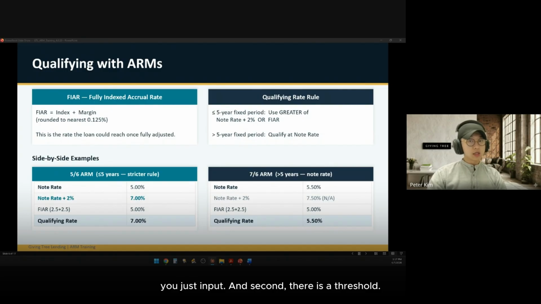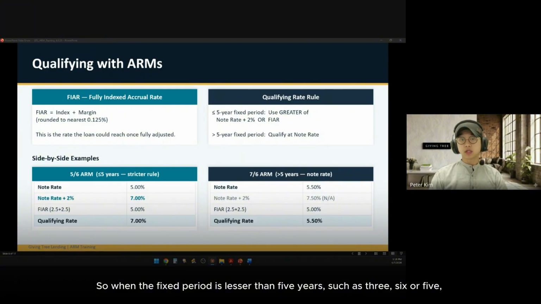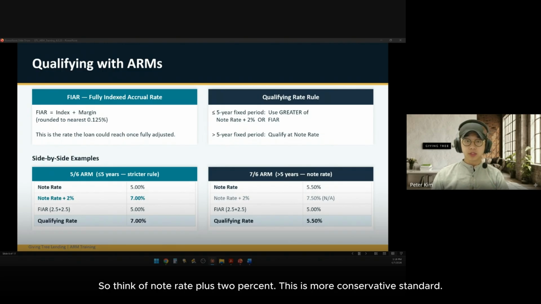And second, there is a threshold. When the fixed period is less than 5 years, such as 3/6 or 5/6, you qualify the borrower at the greater of the note rate plus 2%. This is a more conservative standard, and that's why the starting rates are cheaper, lower than the other product.